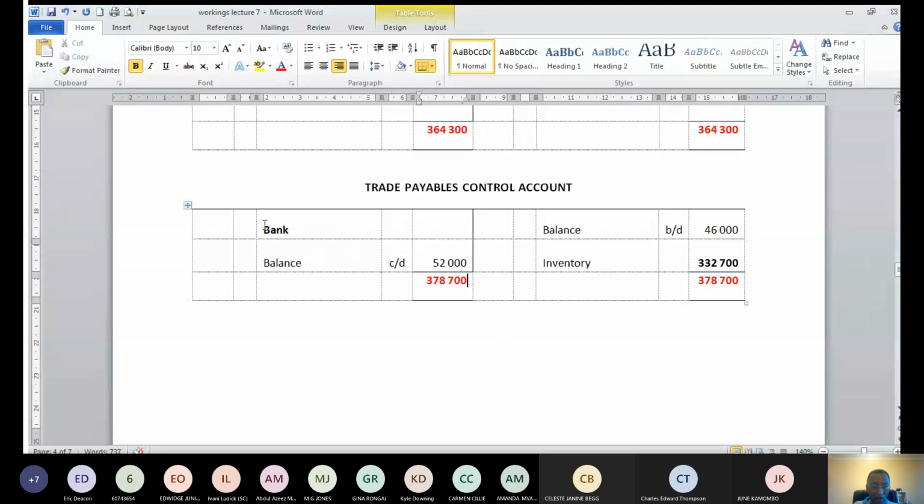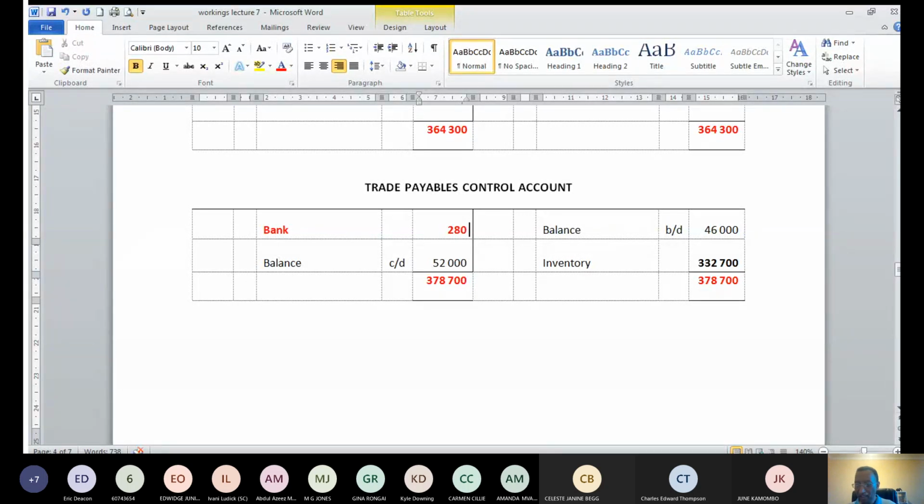And what we are looking for is how much we paid our trade payables for the purchases of stock. Your balancing figure is 280,000. No, it doesn't look right at all.